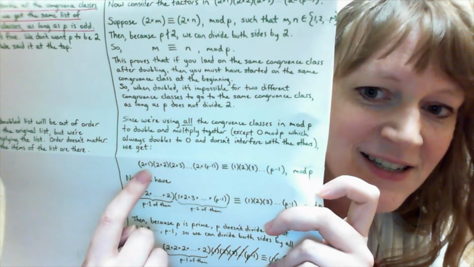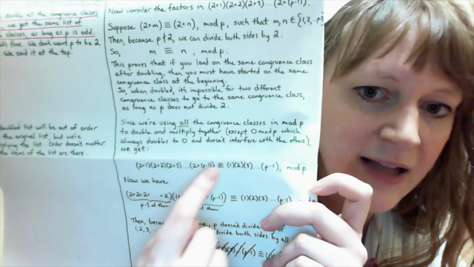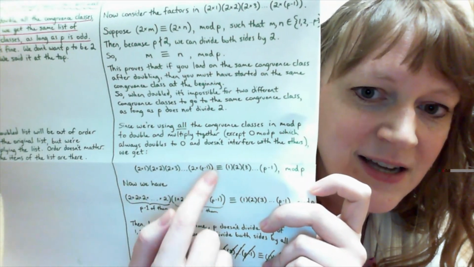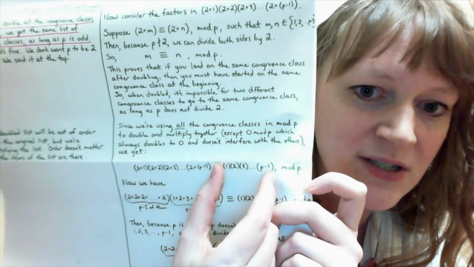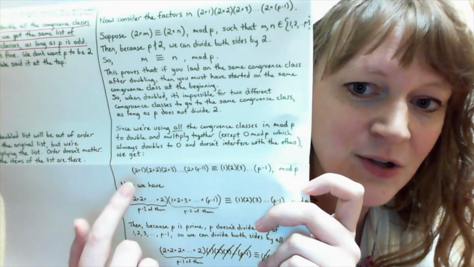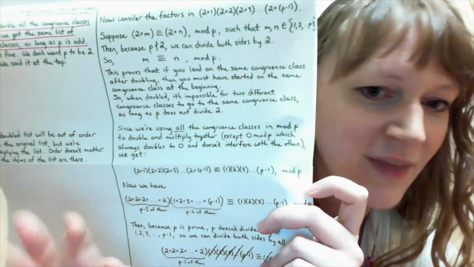So we get that all of these doubled congruence classes, when you multiply them together, this product is congruent to just the congruence classes when you multiply them together. Excluding 0 on this side, excluding 0 on this side, we're in mod P, everyone's happy.